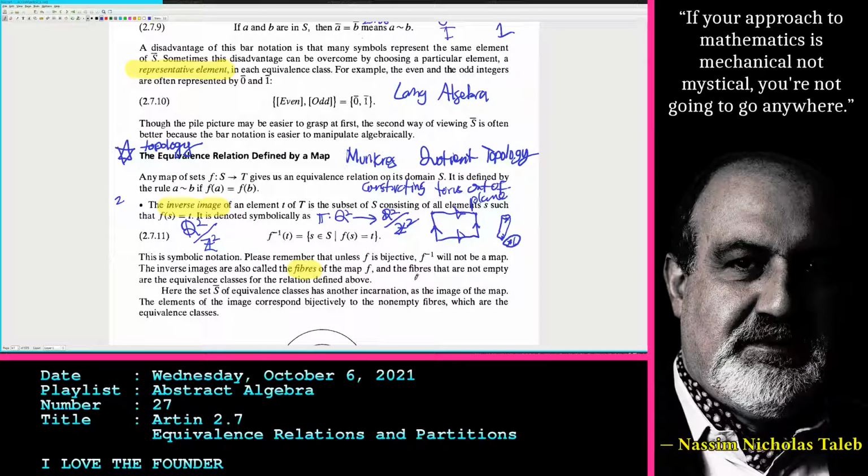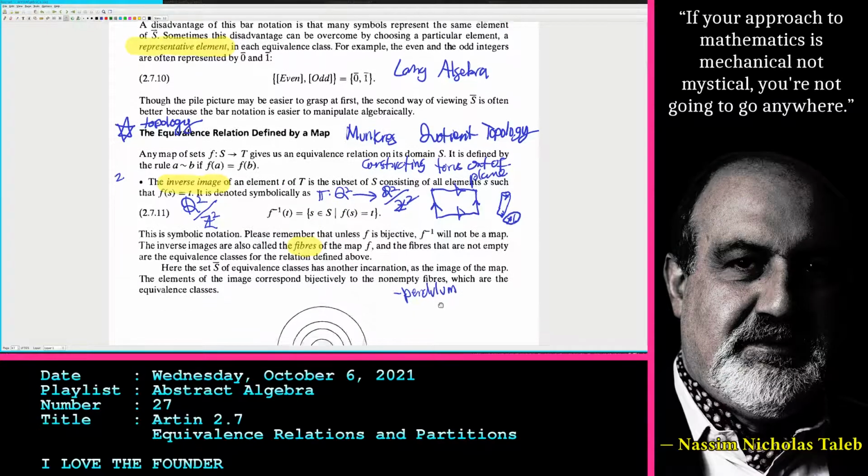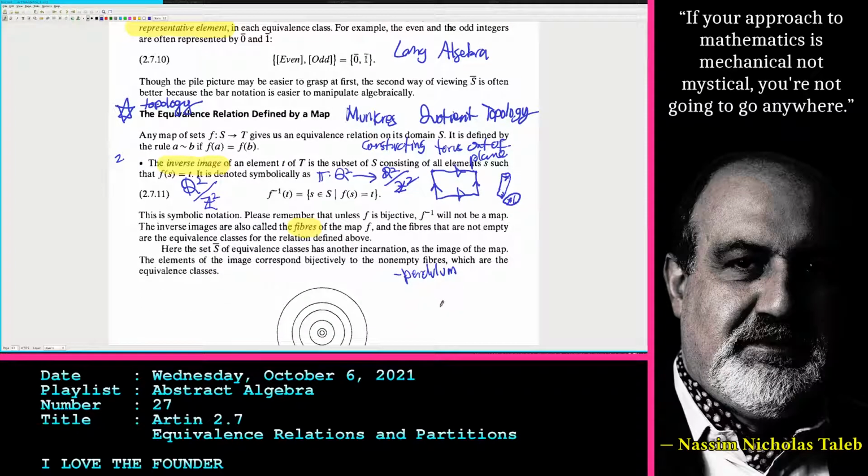A classic example of this is a pendulum, with no friction, of course, because you just assume friction is non-existent in physics.